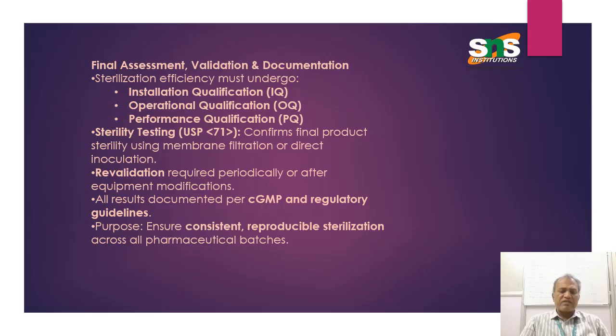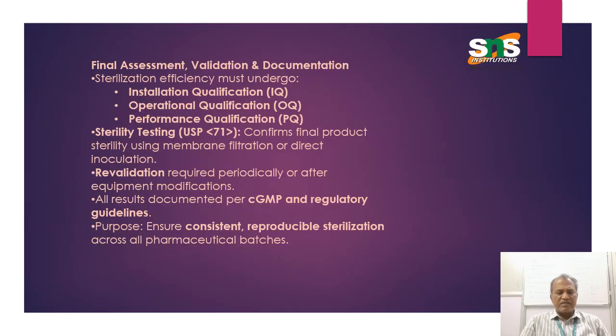After sterility testing is over, it confirms the final product sterility using membrane filtration or direct inoculation. These are the two direct tests to evaluate the product. After undergoing sterilization, the product sample has to be taken and it goes for the two methods of sterility testing as per the USP. The first category is membrane filtration and the second category is direct inoculation.